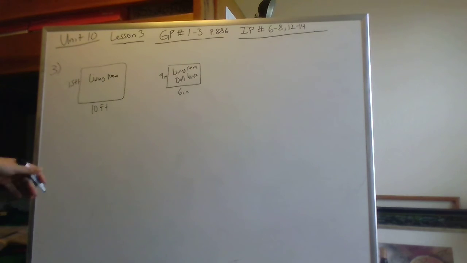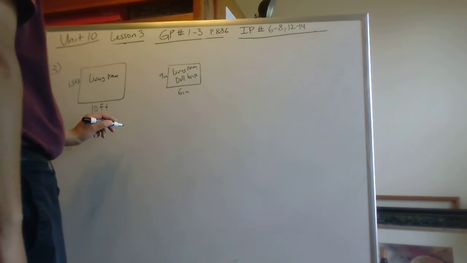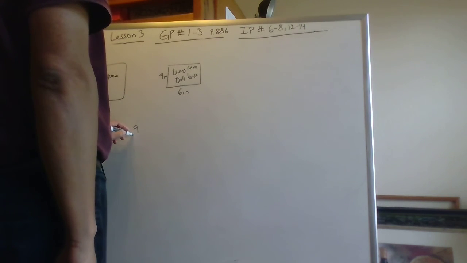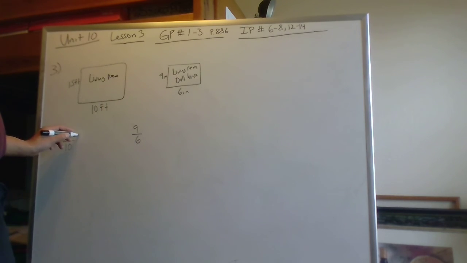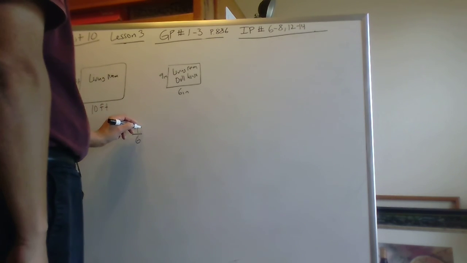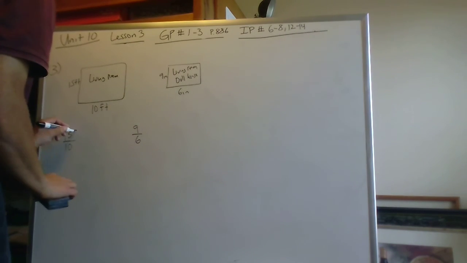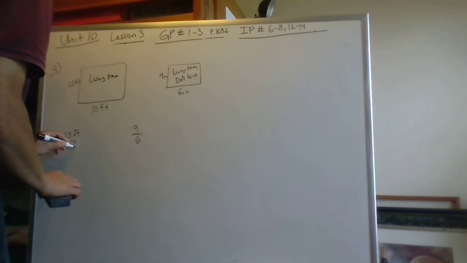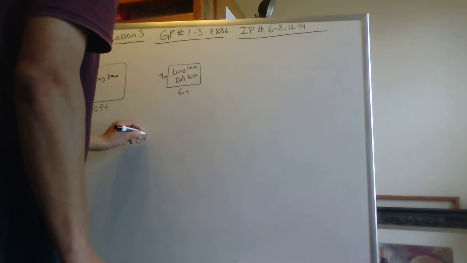Are they proportional? Meaning, if I look at 15 feet over 10 feet, can it reduce down into 9 over 6? Because the dimensions of the living room are in feet, and the dimensions of the dollhouse are in inches.